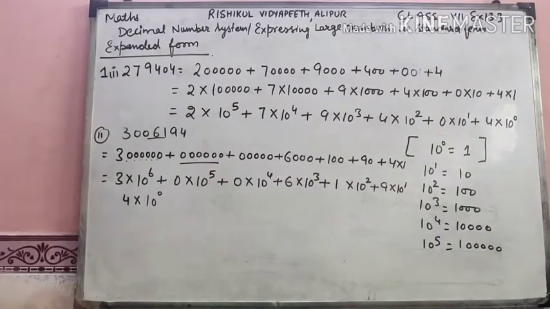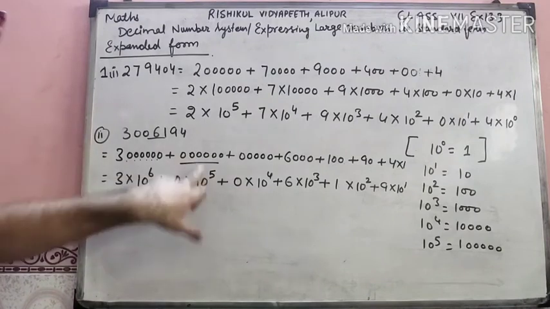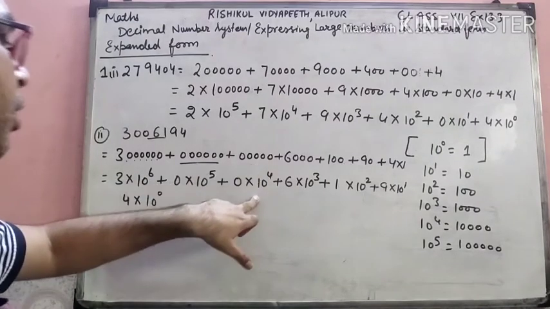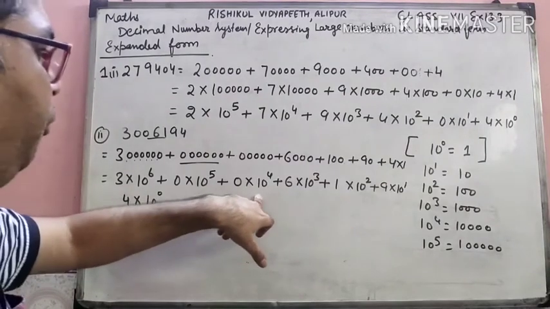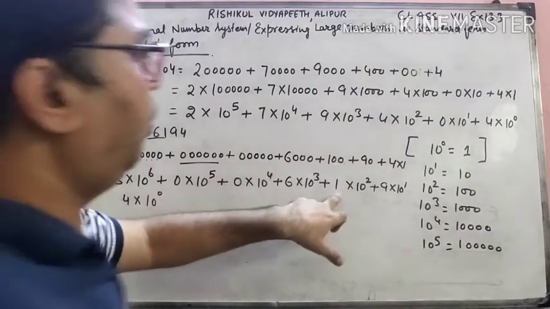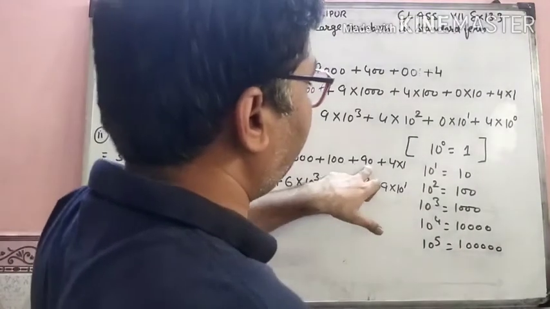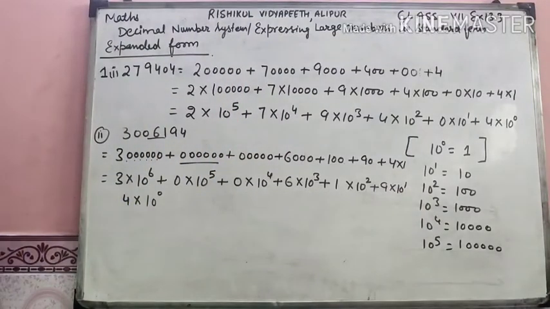So we can read it: here 6 zeros, so it can be written as 10 raised to power 6, 5 zeros, 10 raised to power 5, 4 zeros, 10 raised to power 4, 3 zeros, 6 into 10 raised to power 3, 100, 1 into 10 raised to power 2, 90, 9 into 10 raised to power 1, and 4, 10 raised to power 0.